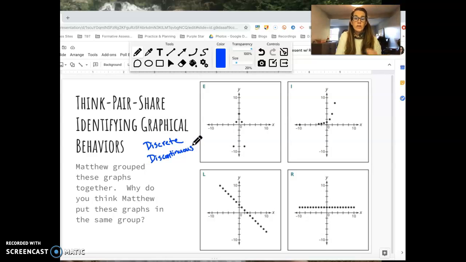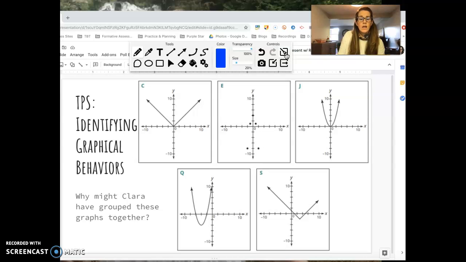Discrete graphs are specifically made up of dots, and discontinuous graphs may not necessarily be made up of only dots, but they're graphs that when you're graphing them, you would have to pick your pencil up at some point. Some other characteristics that these graphs have in common: they all go through more than one quadrant, and they all pass through the y-axis.